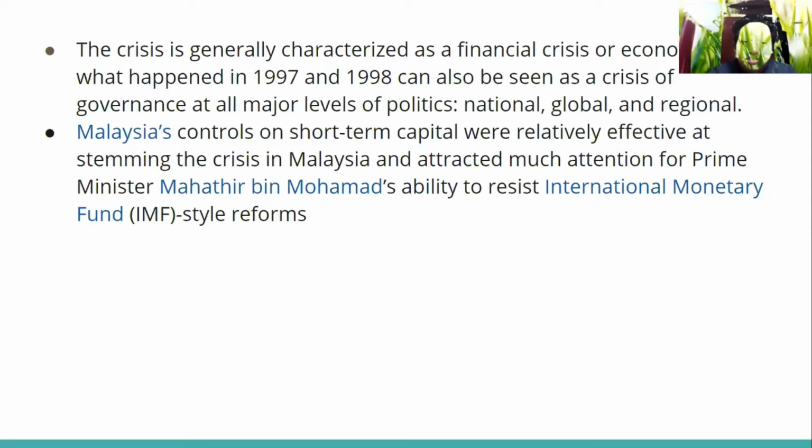Although Malaysia's controls on short-term capital were relatively effective at stemming the crisis in Malaysia and attracted much attention to Prime Minister Mahathir bin Mohamad, his ability to resist International Monetary Fund style reforms was unusual for most states.